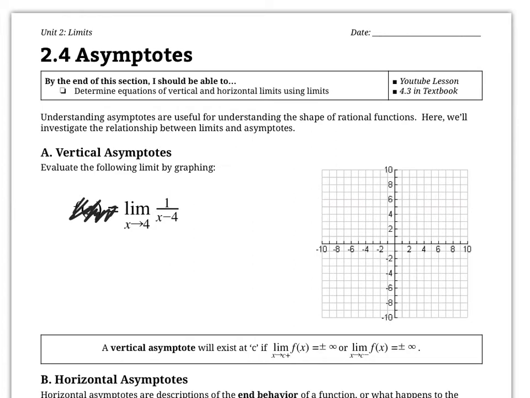Now we know the parent function is going to be 1 over x, which we know looks something like that. So this is just 1 over x, and that's the parent function. And if we look at the transformation, it looks like it's shifted 4 to the right.